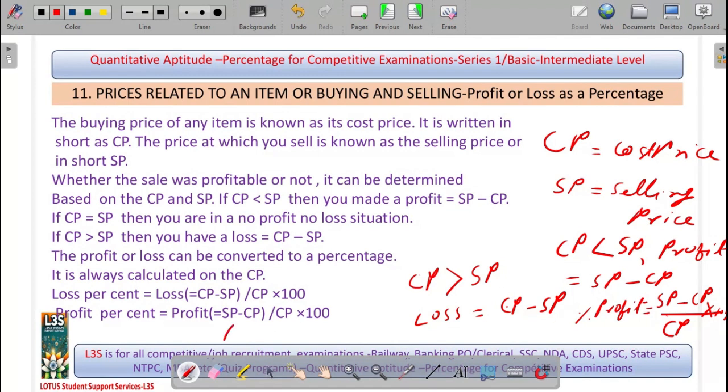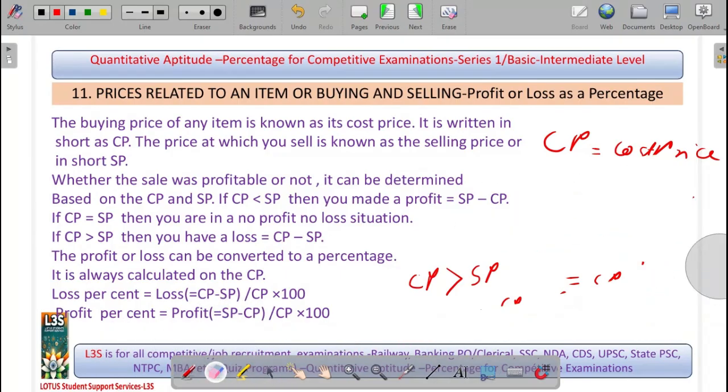And what is the loss percentage? Percentage loss will be cost price minus sale price by original price CP into 100%. Got it? So we'll do some examples, then it will be clear to you.